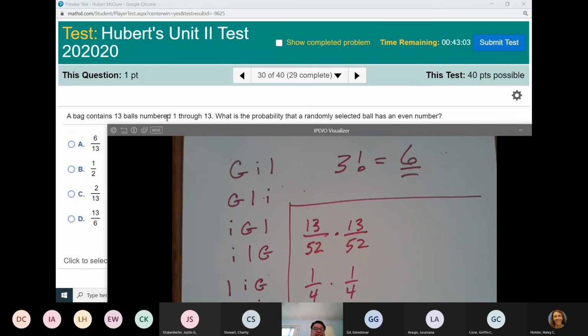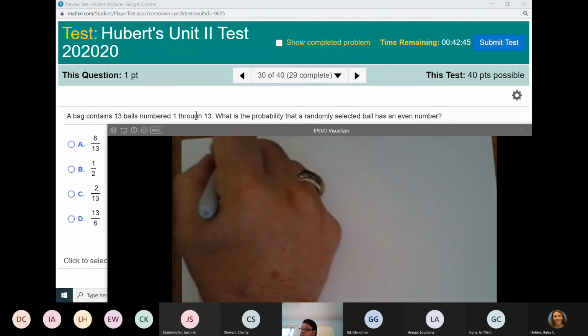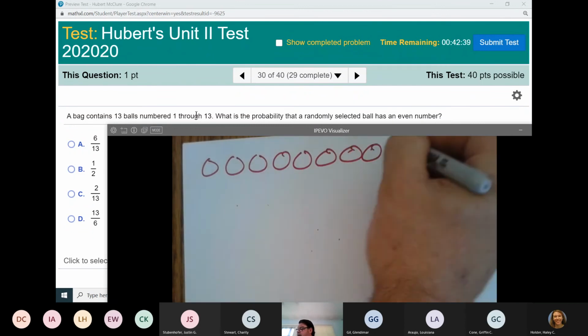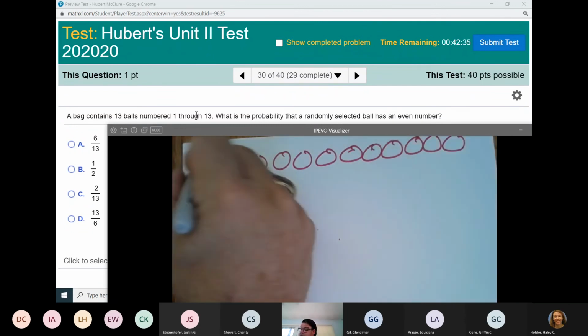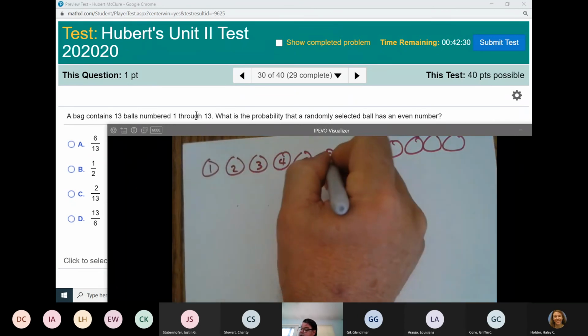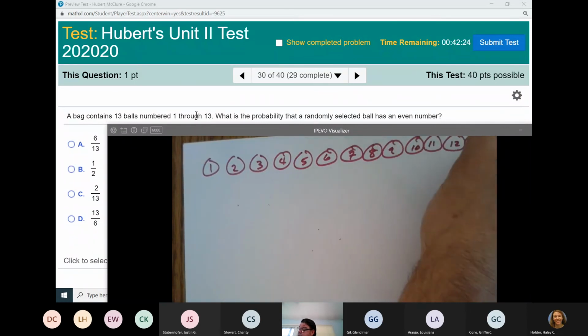All right, a bag contains 13 balls, 1 through 13. What is the probability that a randomly selected ball has an even number? Okay, well, let's go to our handy dandy whiteboard here. 1, 2, 3, 4, 5, 6, 7, 8, 9, 10, 11, 12, 13.